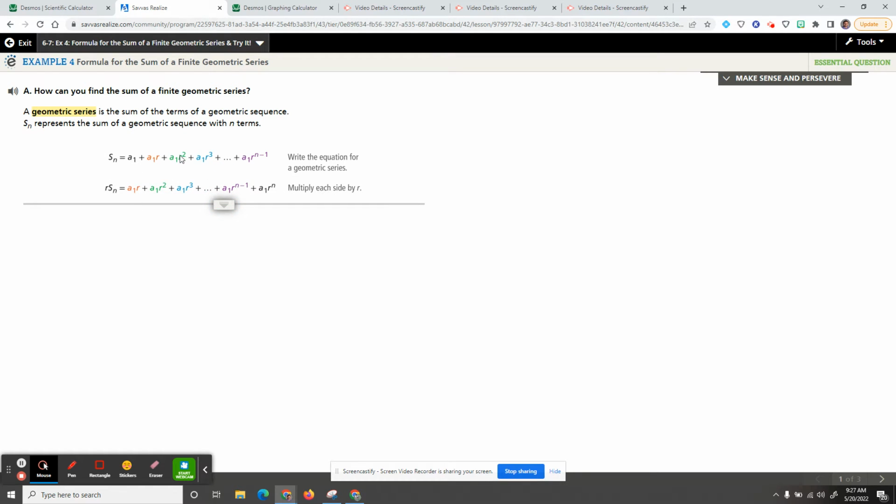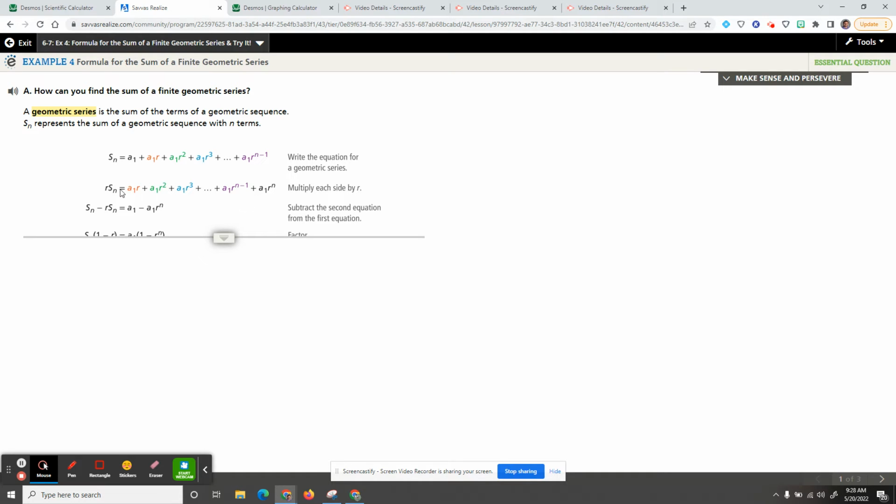If you take that sequence and you multiply it by the common ratio, you're going to create all these terms, right? So you have the first term times the common ratio, and then the first term times the common ratio squared, right? So if you subtract that first sequence of numbers by the second sequence of numbers, everything cancels out except the first term of the first list and the last term of the second list.